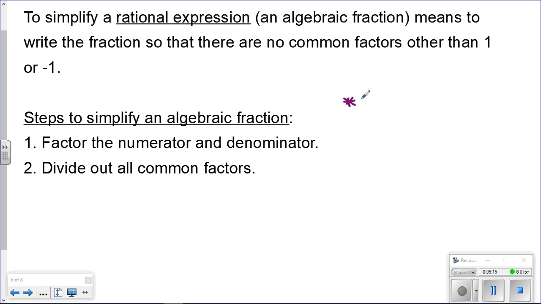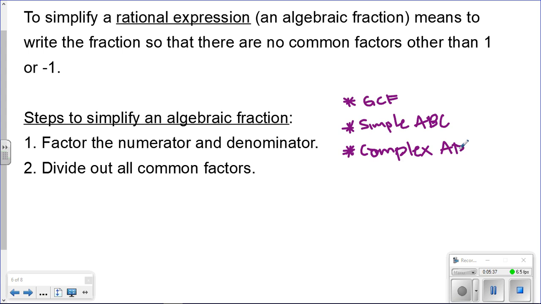Just some refreshers: when we're factoring, we should always be looking for a GCF. There's simple ABC, which we just did an example of. And we have complex ABC, and we have difference.